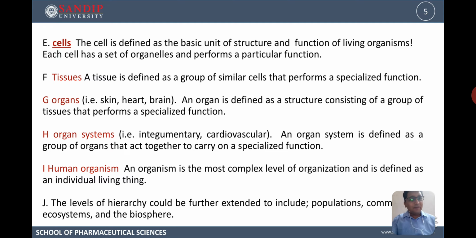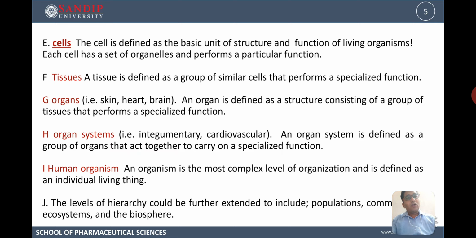Any living organism has cells, whether it is a plant cell or an animal cell. Basically we will discuss this in the next topic. Then a group of cells is known as a tissue. For example, there are four types of basic tissues. The first is epithelial tissue, the second is connective tissue, the third is muscular tissue, and the fourth is nervous tissue.